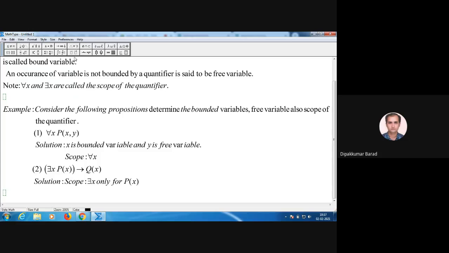This p of x statement is bounded, and q of x is a free statement, because there exists x applies on p of x only.